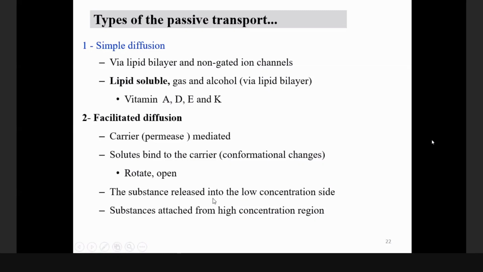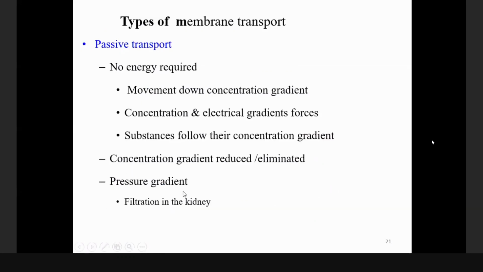The substance is released into the low concentration, because we are talking about a passive transportation process. So the substance moves from high concentration to low concentration.